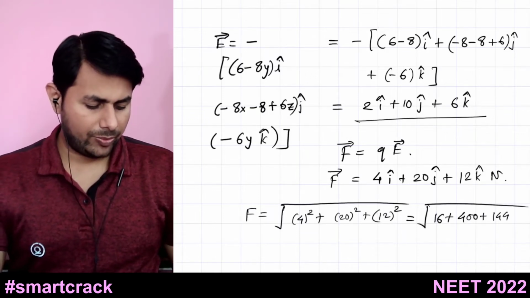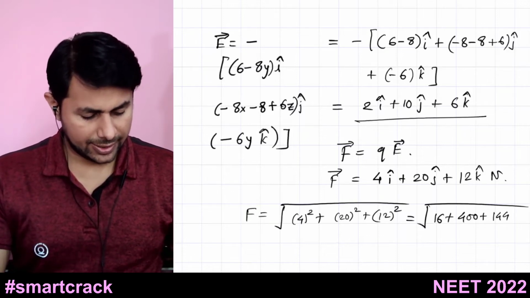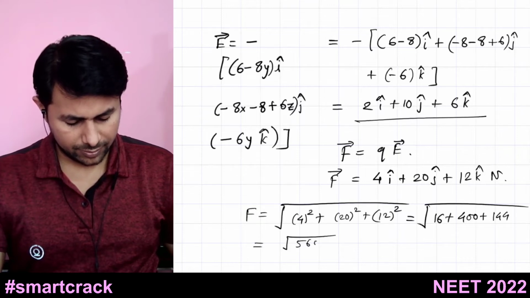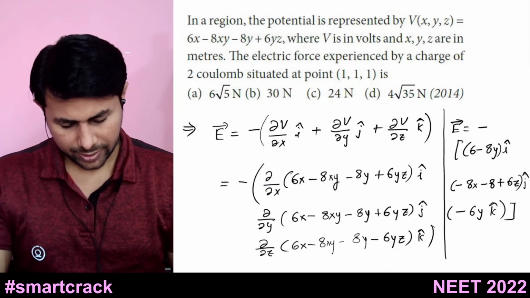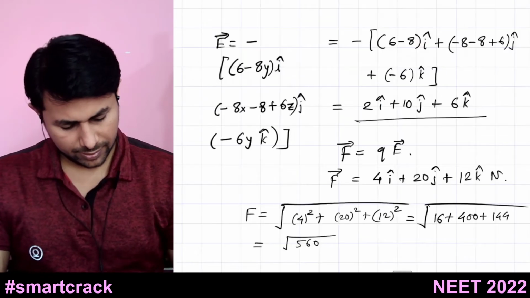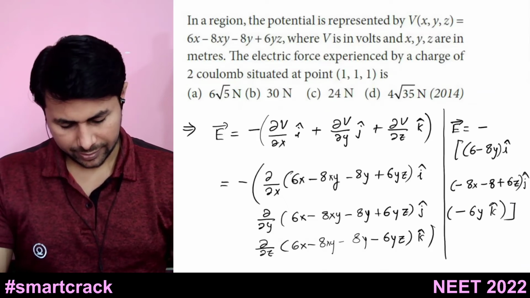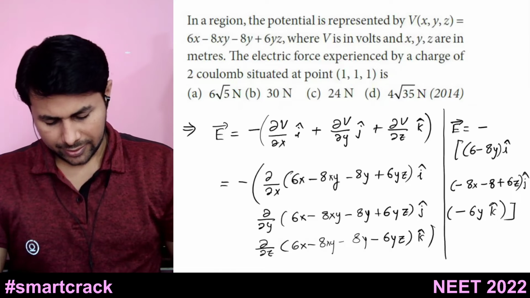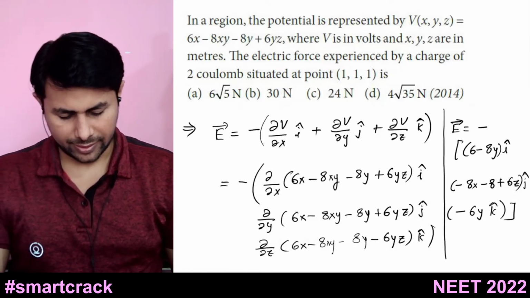Okay, so 544 plus 16, so 560, I guess. Square root of 560, and I don't know its square root. It will be somewhere over 20. Of course it is less than, so I guess it would be around 24 or something.